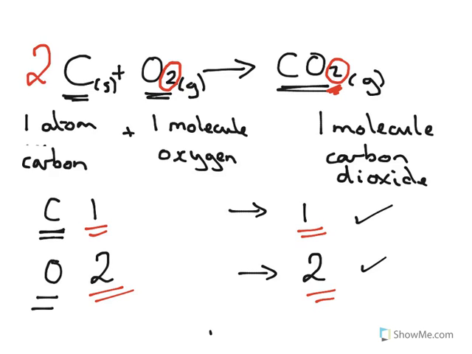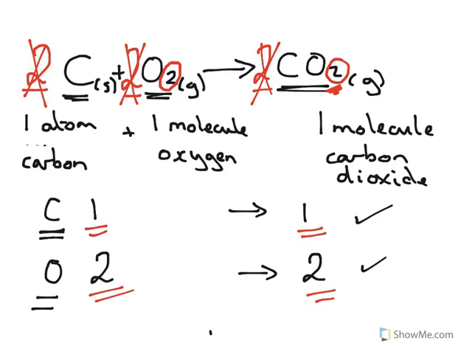We could have balanced this equation by taking 2 of everything. For example, that would give us 2 carbons, 4 oxygen on the left, 4 oxygen on the right. But then we can see that we have a number 2 in front of each of these, which is incorrect. We can simplify this equation by dividing each of the numbers by 2.